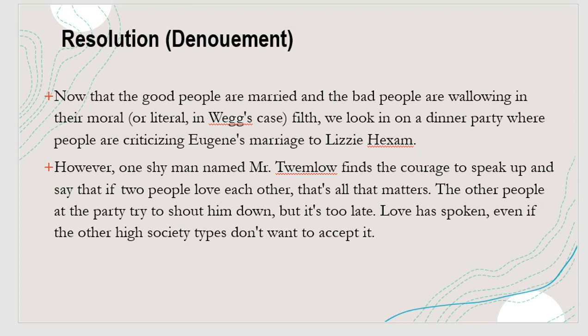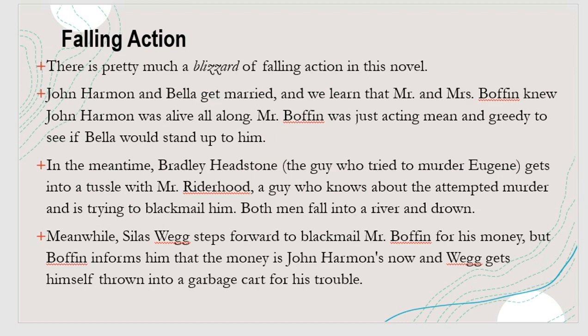What you need to remember about the resolution is the situation regarding the marriage of Mr. Eugene Wrayburn and Lizzie Hexam, and how they receive a lot of criticism at their marriage party. You also want to remember what happened in the falling action.